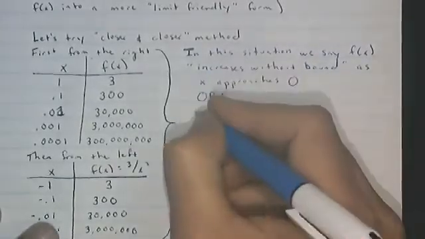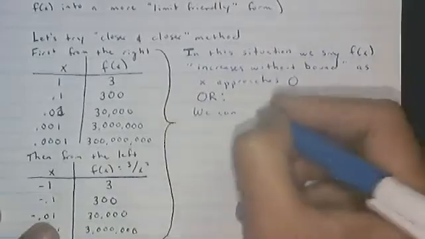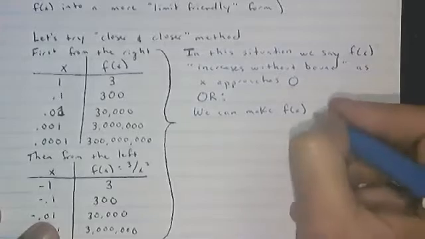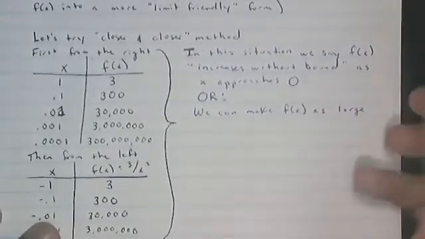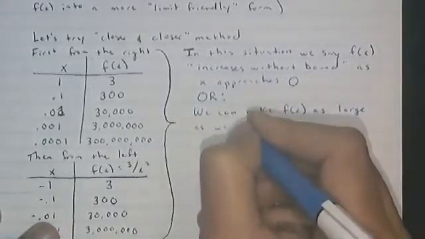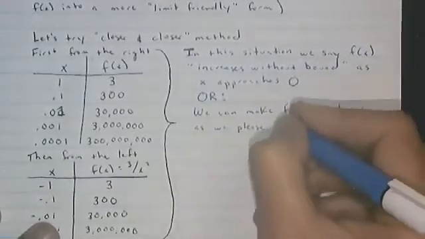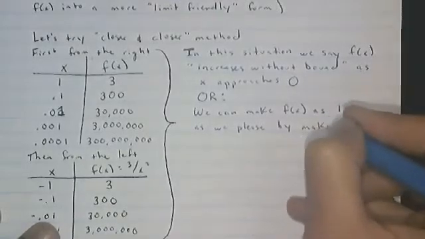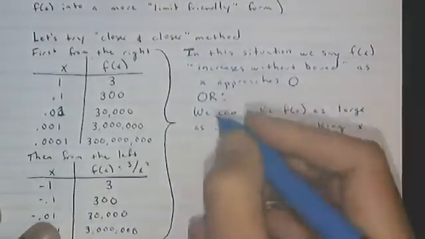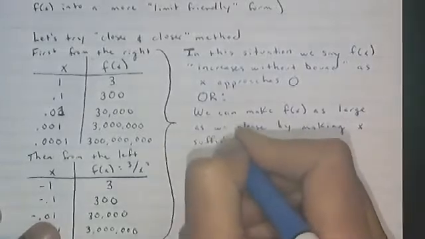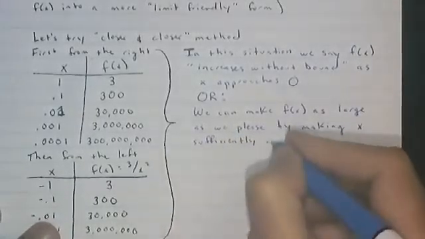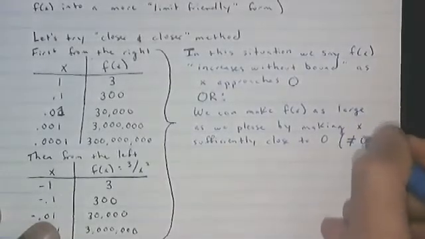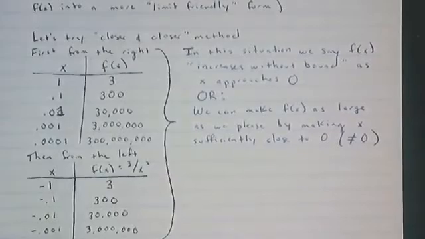An equivalent thing would be to say that we can make f of x, the function values, the outputs, as large as we please, as big as you want them, by making x sufficiently close to 0, keeping in mind we're never going to get to 0 because 0 is not in the domain of our function.